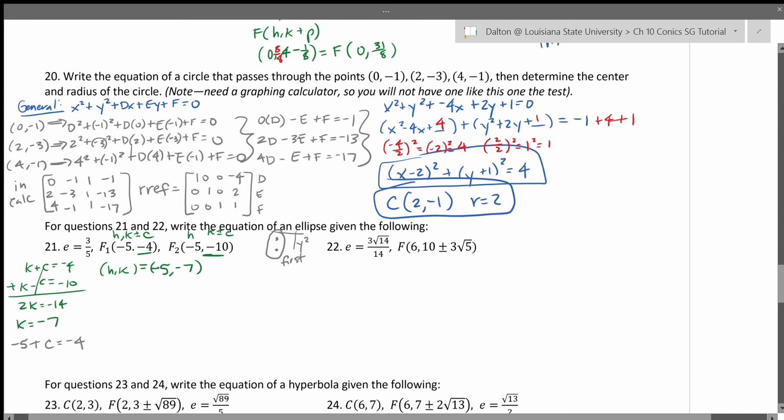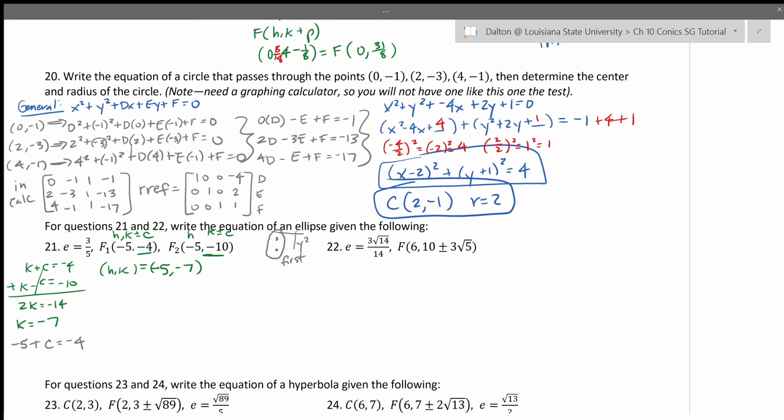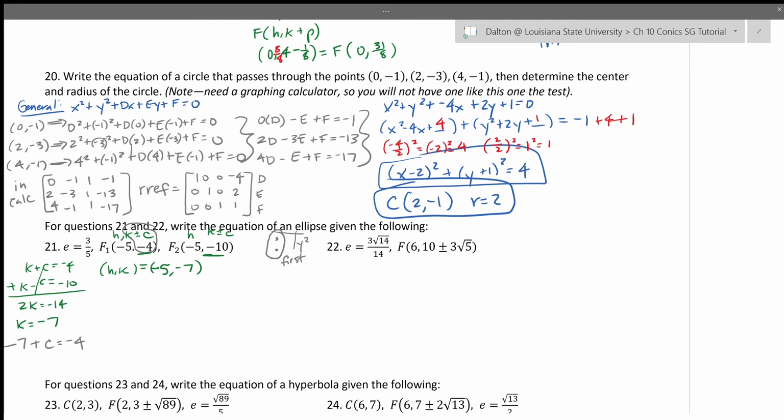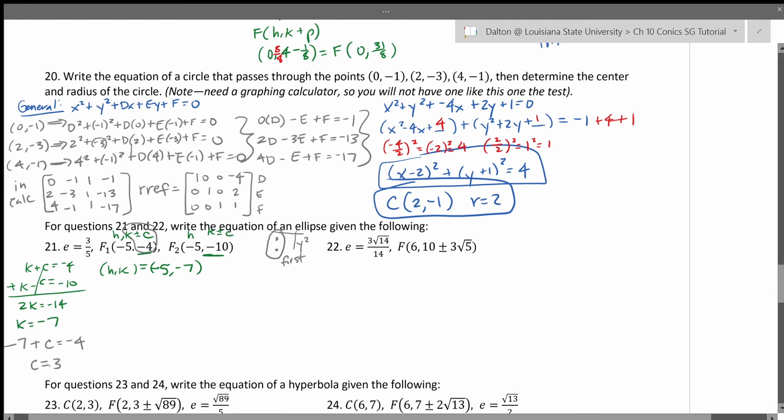If I add 5 to both sides, no, that's not right. Oh no, I'm sorry, k is -7. There we go. Okay, so k plus c is equal to -4. We just found that k was -7. So -7 plus c is -4. If I add 7 to both sides, then I get c is equal to 3.